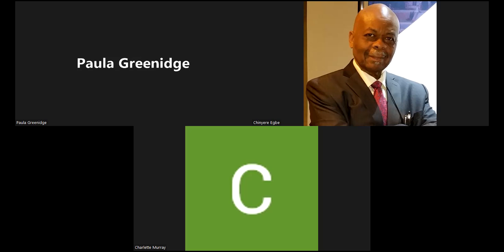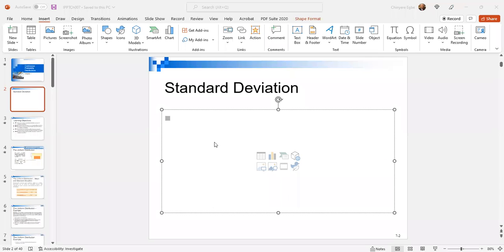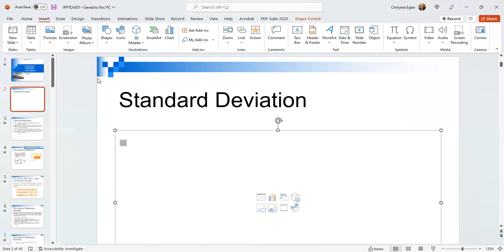Oh, sorry. That's okay. Thank you very much for pointing that out. I'm going to share screen. Okay. So you see my screen now? Yes. So we get the formula for standard deviation.